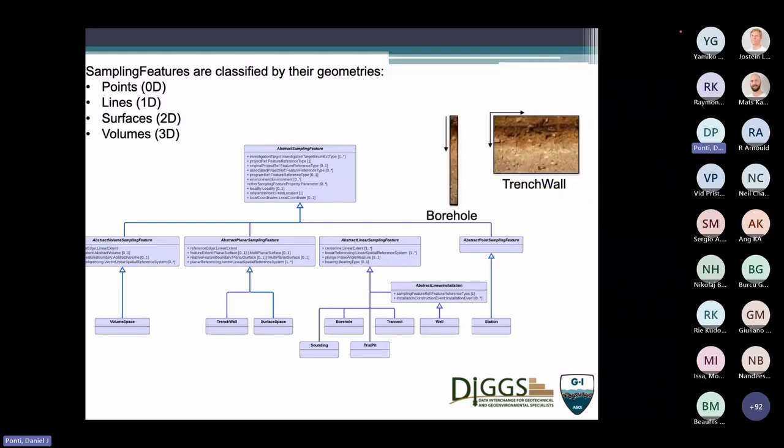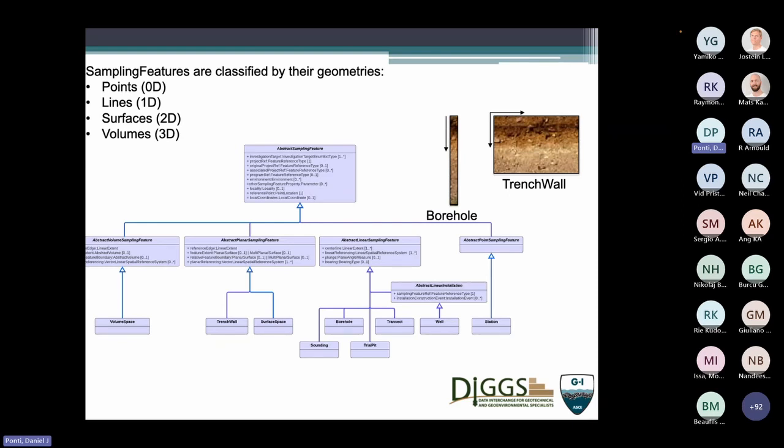So if we just look at the information from a borehole or the information from a trench wall, our understanding of that target in a borehole is essentially one-dimensional. It's a linear object, and we can locate information along that linear object by distance from some origin. So that's their depth, measured depth of borehole, standard kinds of things. If we look at something along a trench, we can identify observations within the trench wall in 2 dimensions.